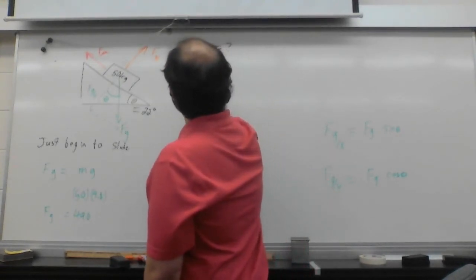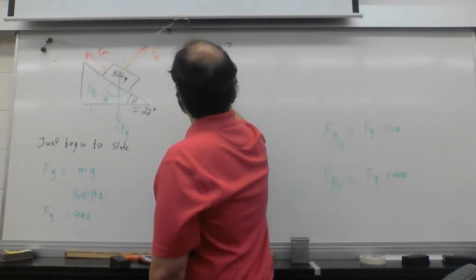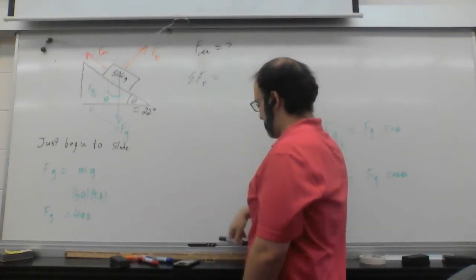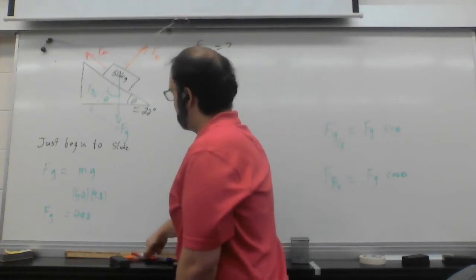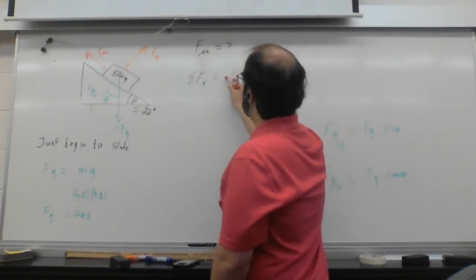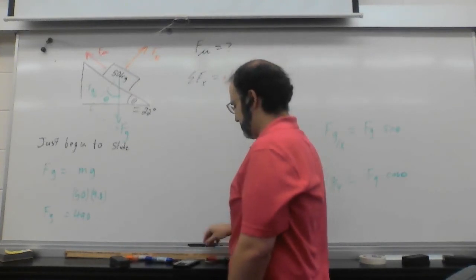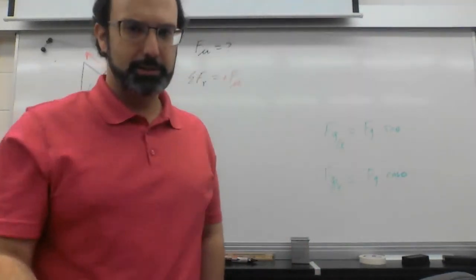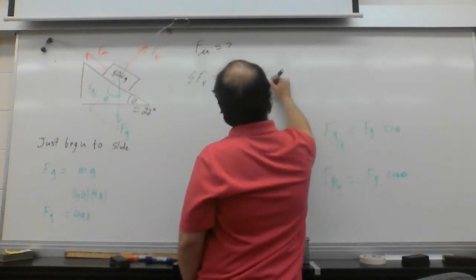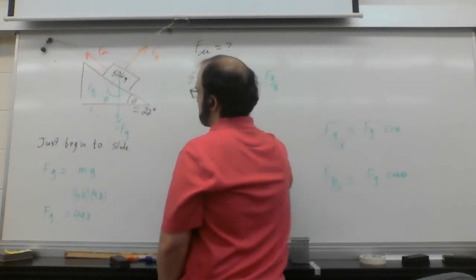Well, the force of friction is going to be one of the horizontal forces. And the force of friction there is going to be what? Well, there's F mu going up the incline, and there's Fgx going down the incline, right?